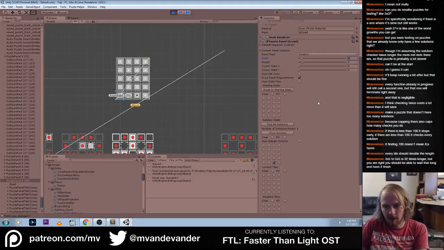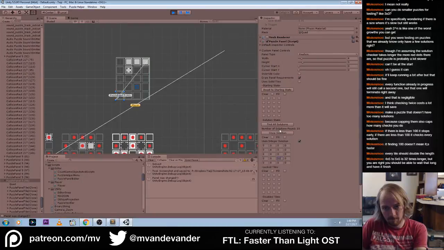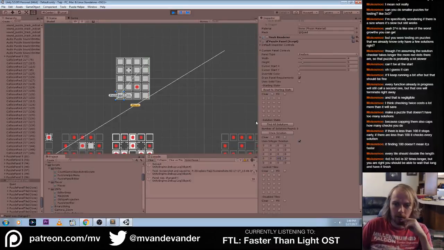Maybe it's just not viable past a certain size of panel. That's the thing I wonder about.